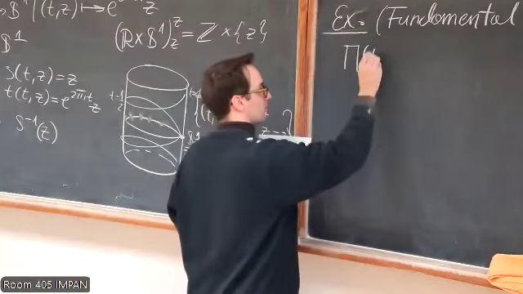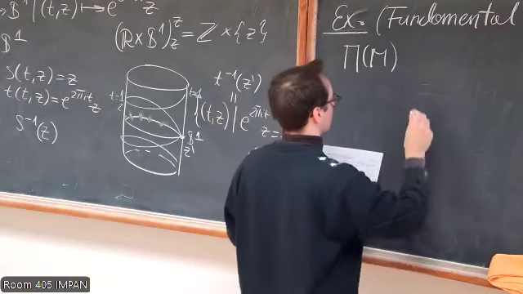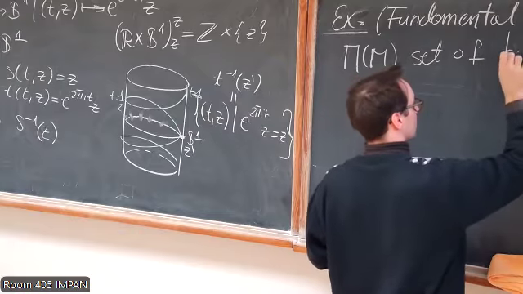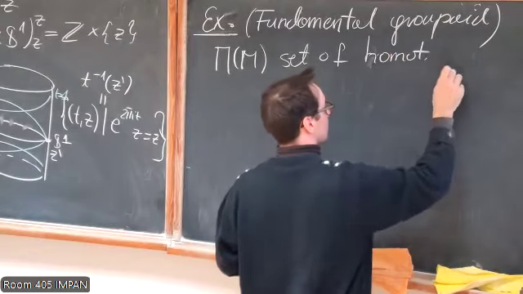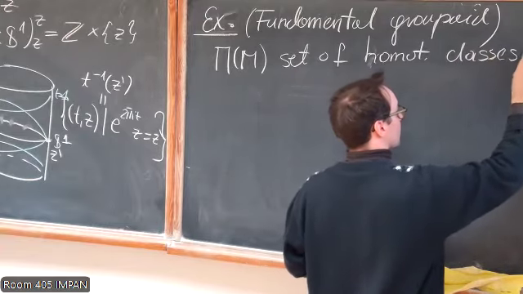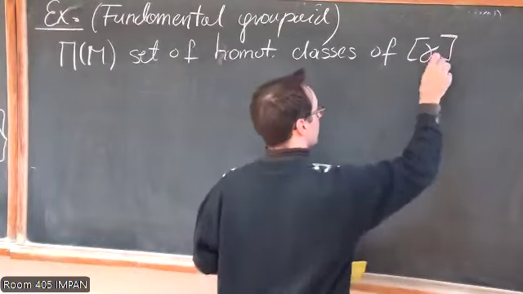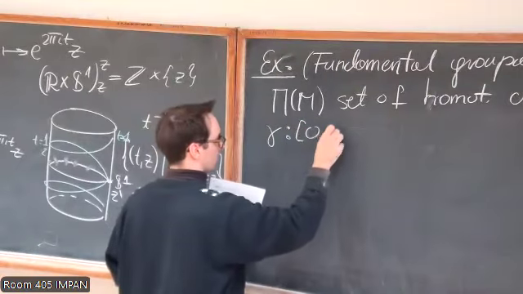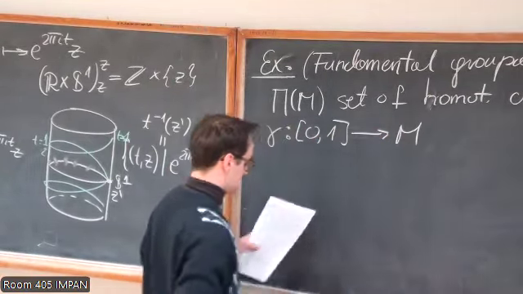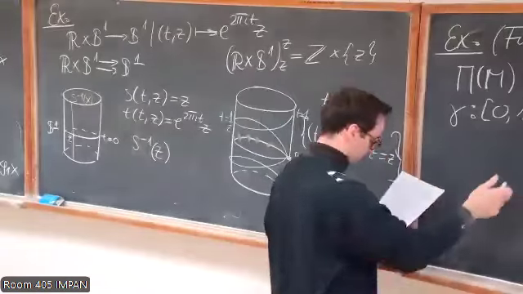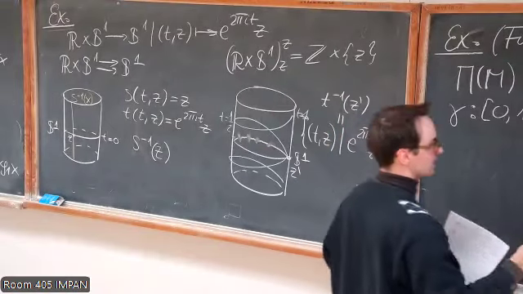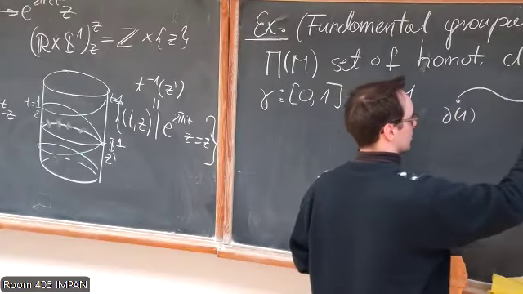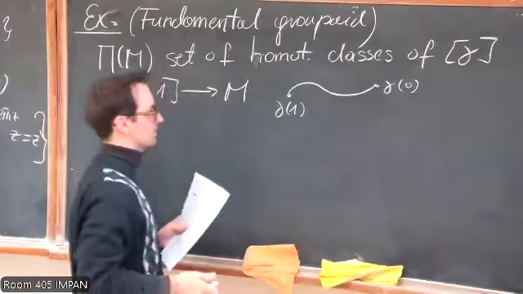So let P of M be the set of homotopy classes gamma square brackets where gamma is a continuous path from interval 0, 1 to M, with fixed end points gamma 1, gamma 0, right?